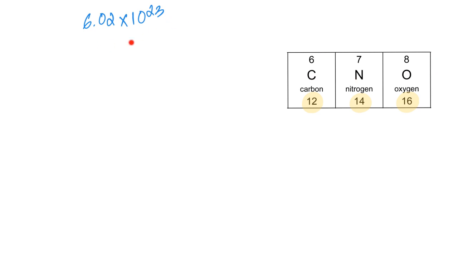But why is a mole this? If I have this many atoms of carbon, I'll just use the word mole from now on because it's easier to say. If I have 1 mole of carbon, its mass will be exactly 12 grams.